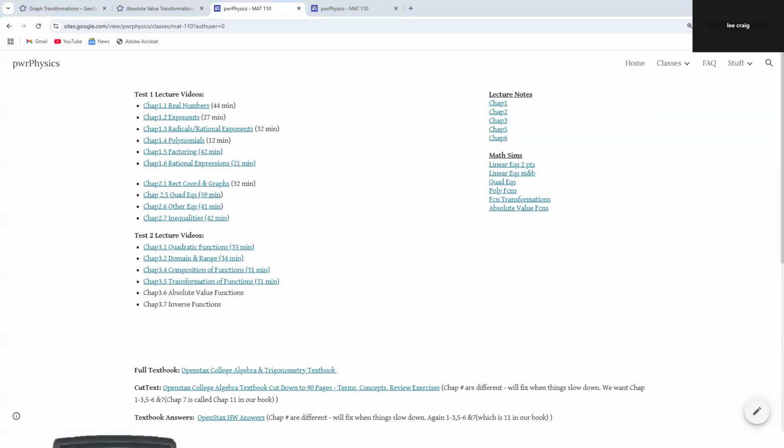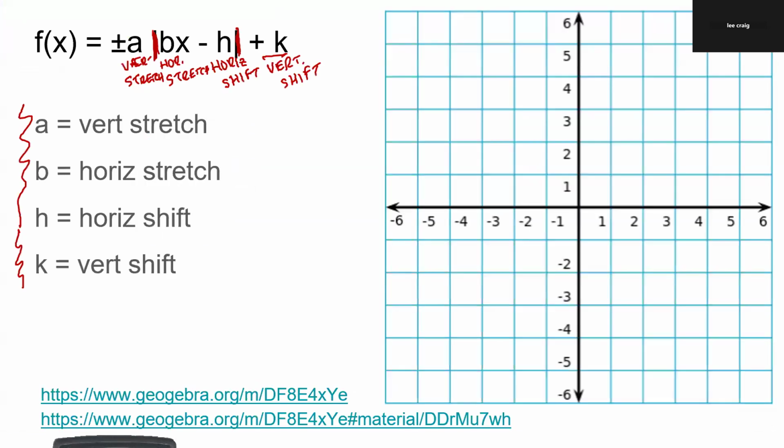Anyway, let's go back to this page where we had the problem, and I'll just make up something here. If we were graphing this by hand, and I had something like, well, I don't know, let's make up a function f of x equals 3 times the absolute value of 2x minus 4, close absolute value, plus 3.